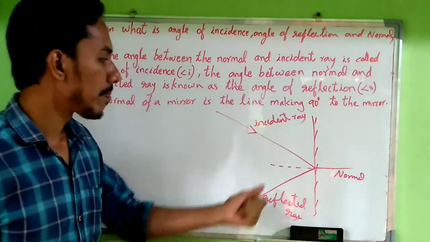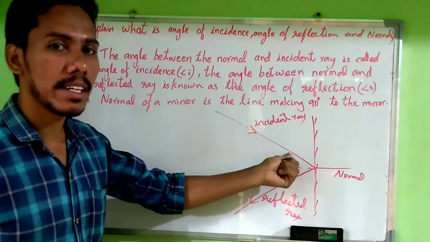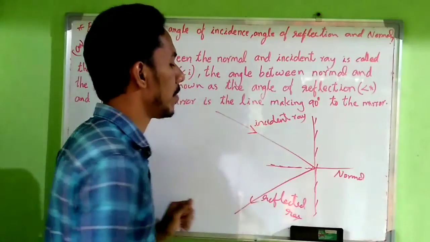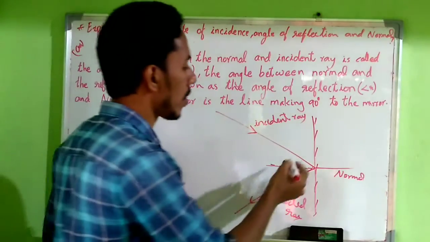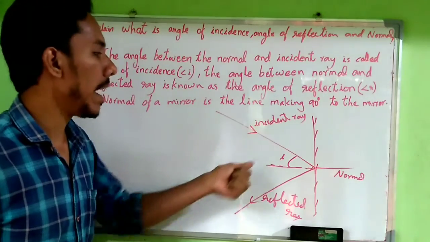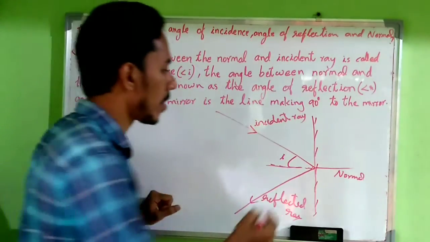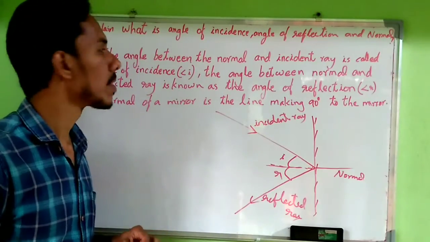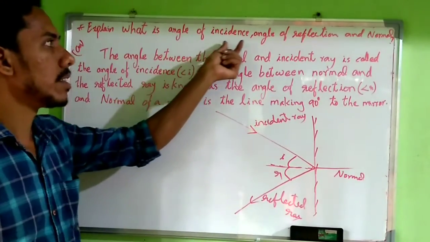There is one more thing. The incident ray makes an angle with the normal. This is called i, the angle of incidence. And this is called the angle of reflection.